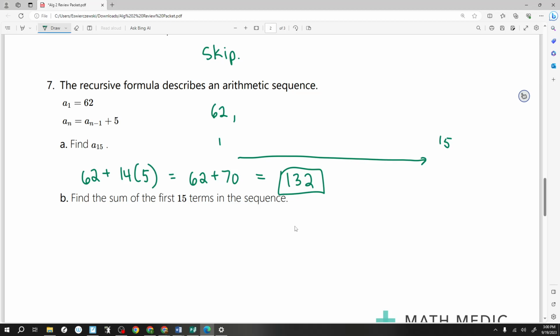Okay. The next part was tricky. This was maybe one of the harder things we did. But this is from lesson 1.3. And luckily we have a formula for the sum of an arithmetic sequence.